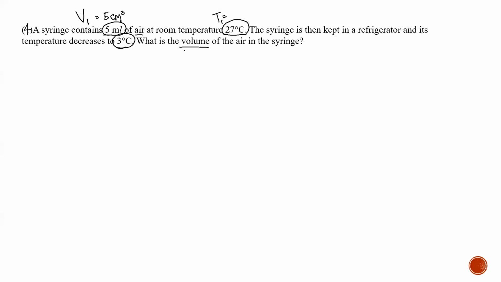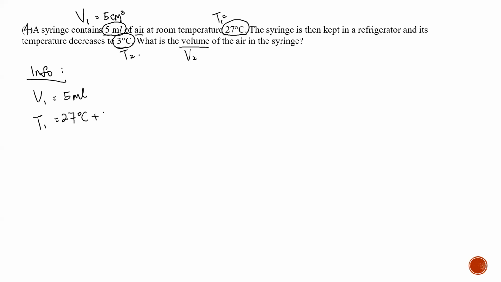So this is V2, T2. So let's write down the info. V1 equals 5 ml, cm cube also can. T1 equals 27 degrees Celsius.